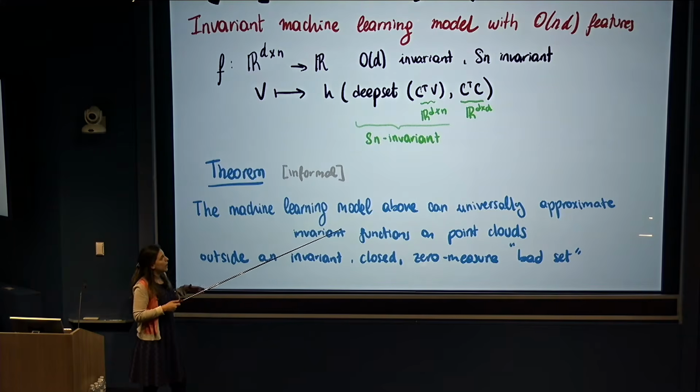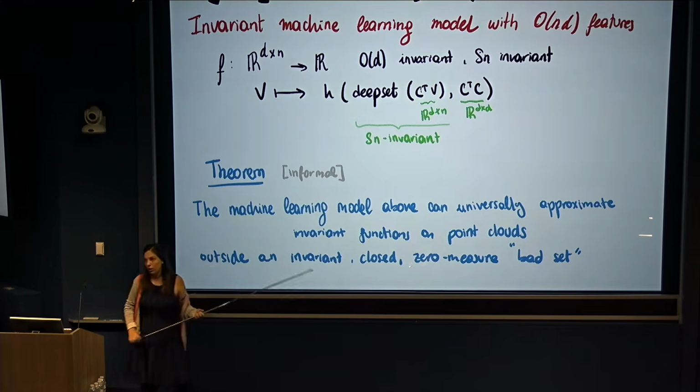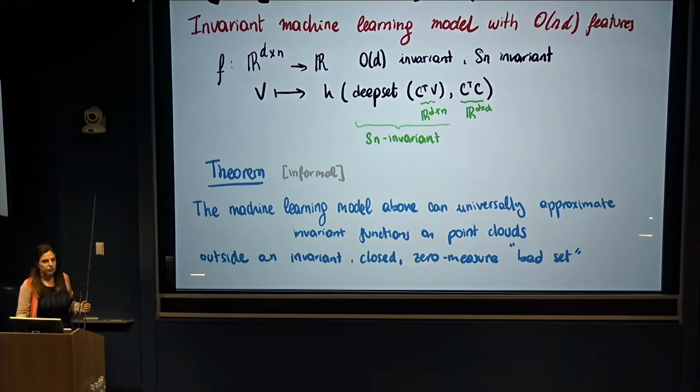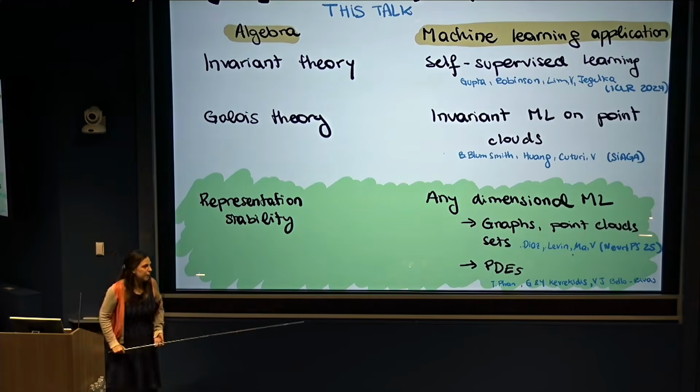You can prove that this machine learning model can universally approximate invariant functions on point clouds outside this bad set that is invariant, closed and of measure 0. So that gives a way of defining machine learning models on point clouds using ideas from Galois theory and low-rank matrix completion. So that's another example where we use algebraic techniques for machine learning.